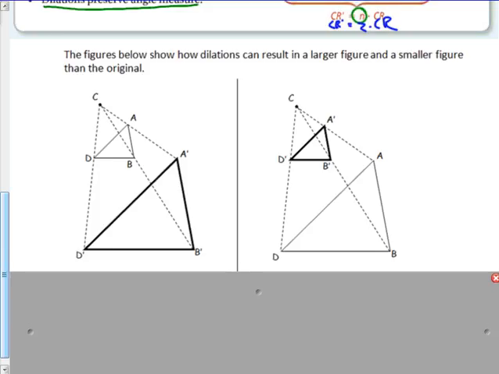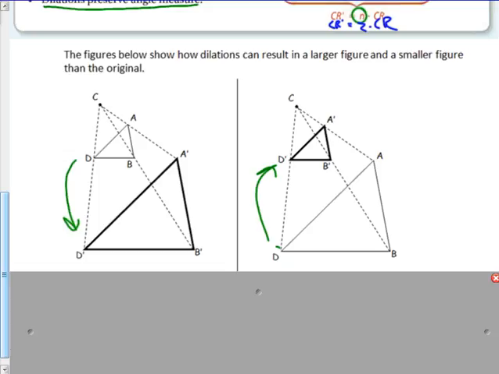The figures below show how dilations can result in a larger figure, and how a smaller figure than the original. So you can go either way; these are kind of hard to picture, depending on how you're looking at them. You can go from smaller to larger, or from larger to smaller.